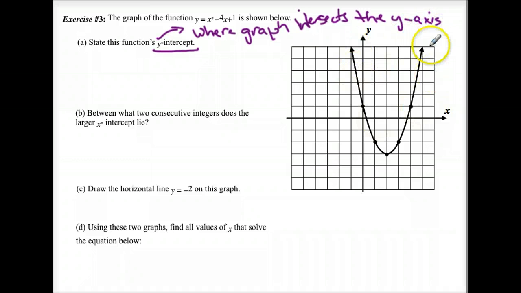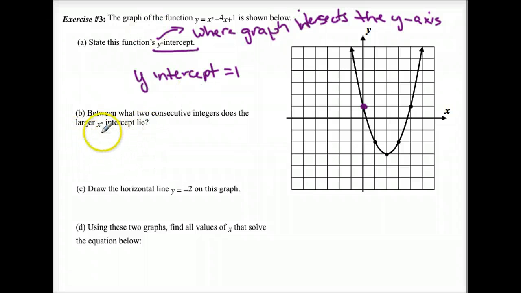So this is my graph, this is my y-axis. I see there's an intersection right here. So my y-intercept is positive, y-intercept is equal to 1.